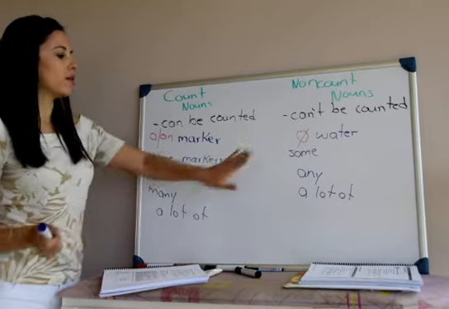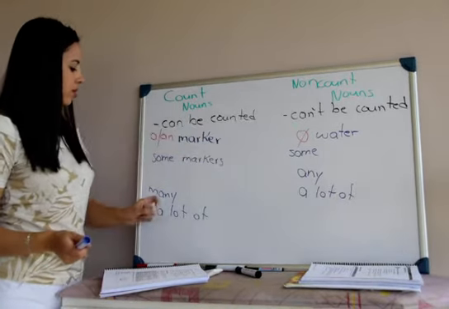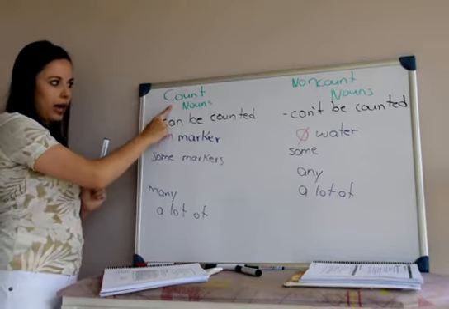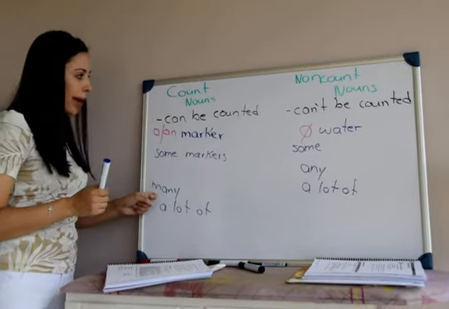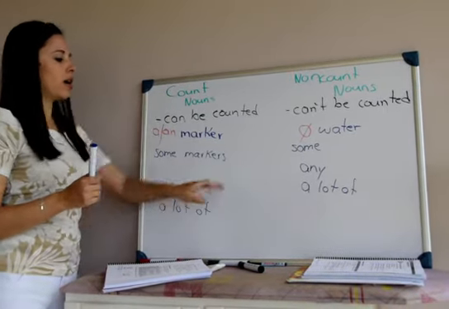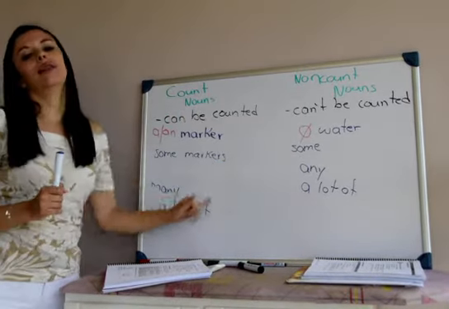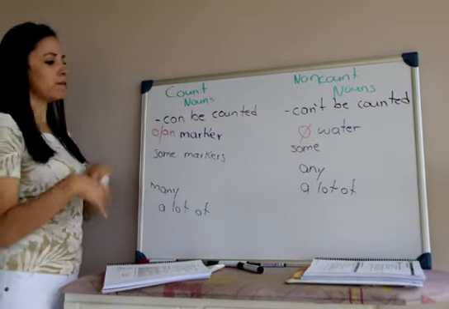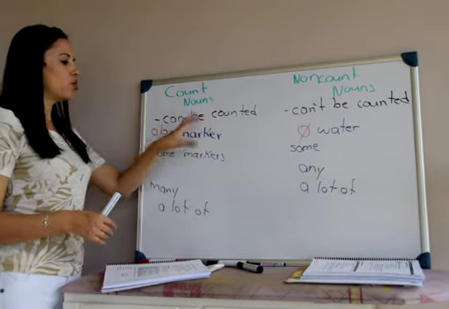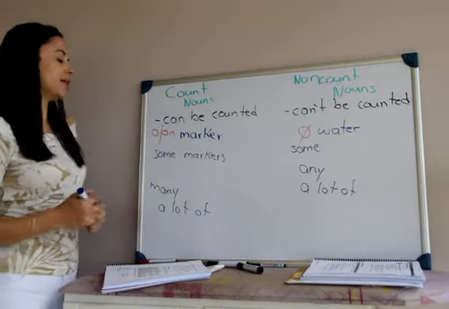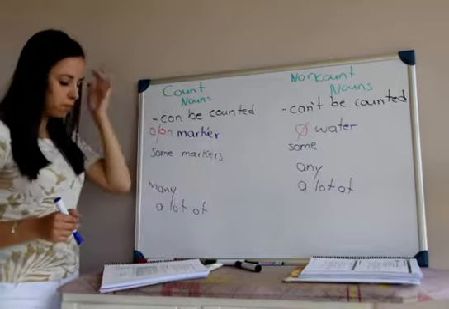Okay, so you can use some with non-count. You can use some with count nouns. You can use many with count nouns, but use any with non-count nouns. And a lot of, you can use a lot of with both, okay? That means muchos marcadores or mucha agua, that's okay. We use a lot of for both.